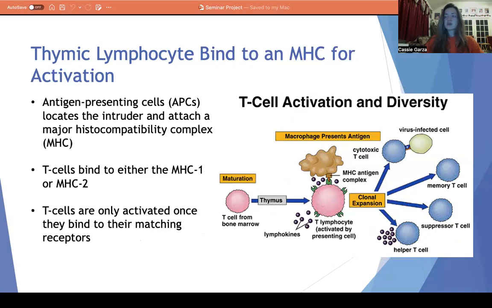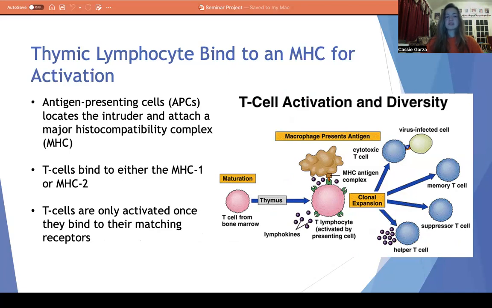So in this slide, we're going to describe how T cells recognize intruding pathogens. The first step is that there are these antigen presenting cells that will locate the intruder, and they're going to attach a major histocompatibility antigen complex.